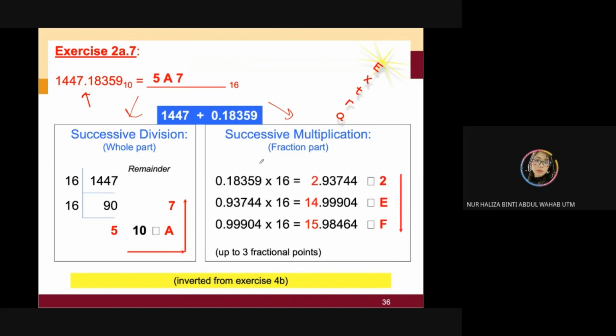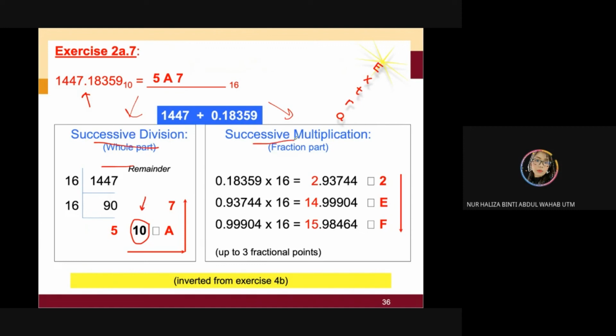So this is the method that we already discussed several times, how you're going to do the successive division for the whole part. It's very easy as long as you know the method, and please make sure to check the numbering also.